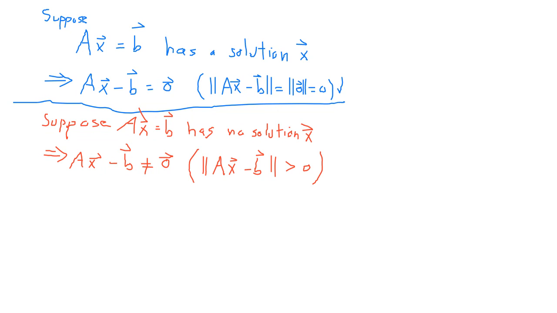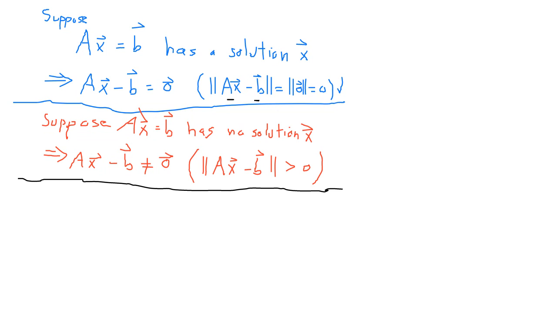Okay, so the ideal situation is when we have a solution. And when we have a solution vector x, the difference between the vector A times x and the vector b is 0.